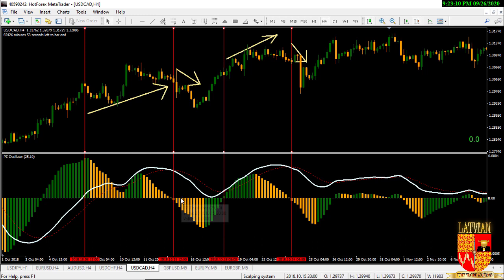And then when these histograms are below the zero line, we'll say that we have a retracement that has started. Okay, so basically this goes on and on, and what I'm basically saying is that this MACD oscillator helps you identify the phases within a trend, whether it's an impulse move or a retracement.